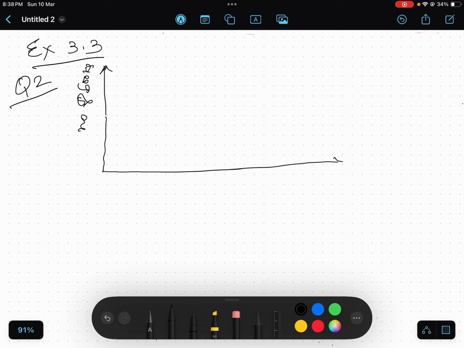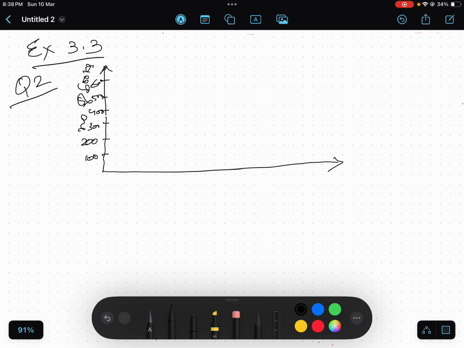It is like this. Each unit they have taken as 100. So 100, 200, 300, 400, then 500, 600, like that it goes.